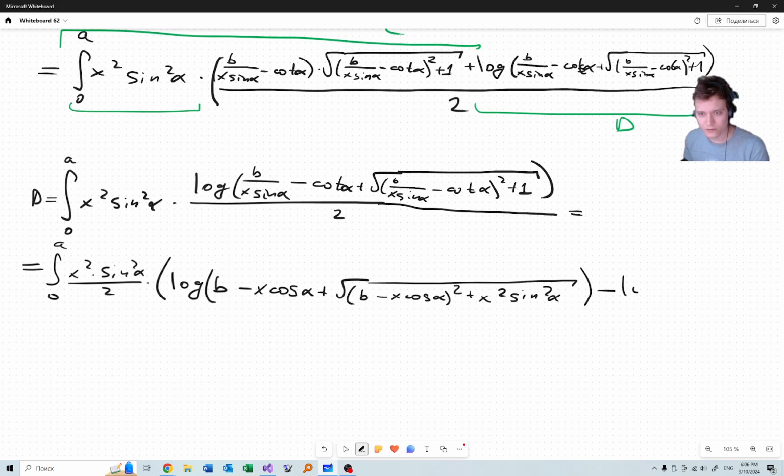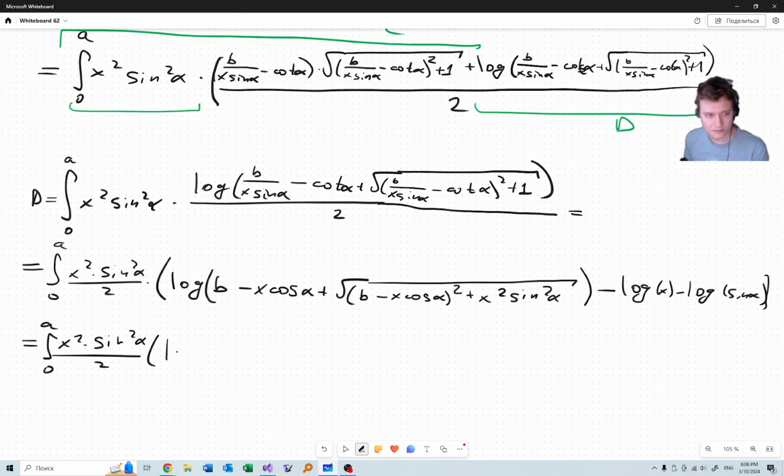And minus logarithm x minus logarithm sine alpha. Let's go on. Okay, let's simplify it.